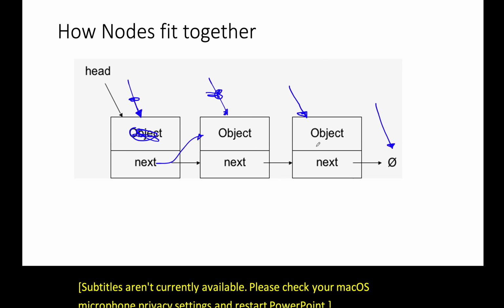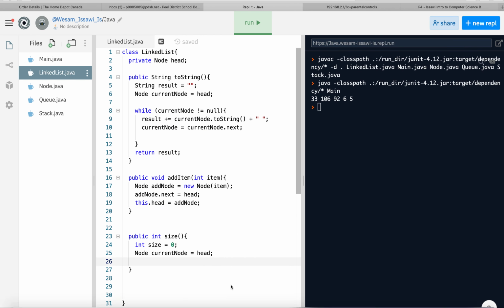Now, let's do that. So while current node is unequal to null, and that's when you want to stop. What do you want to do? You want to say current node equals current node dot next.